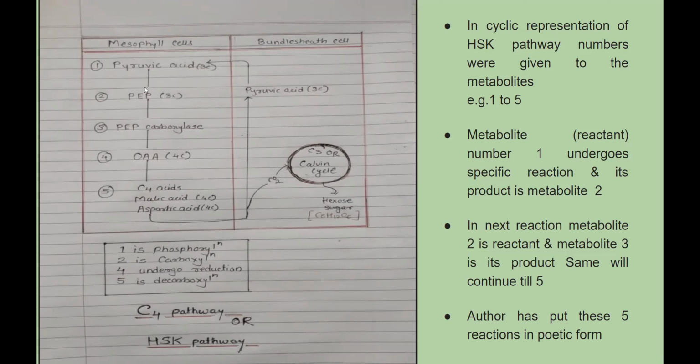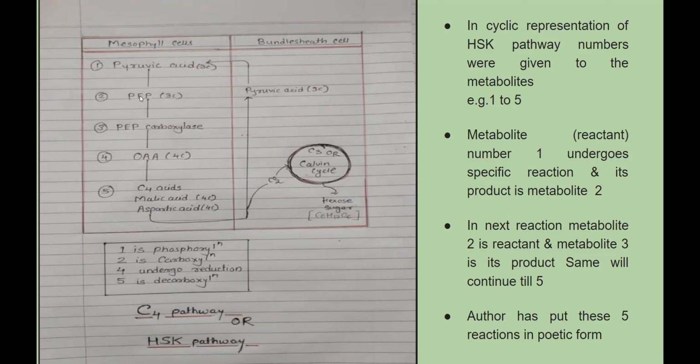So by this also, as numbers are given like 1, 2, 3, 4, 1 will be the reactant, 2 will be the product. When 2 becomes reactant, 3 will be product, and so on. So reaction number 1 is phosphorylation. Pyruvic acid will undergo phosphorylation, that is addition of a phosphate group by using ATP molecules. ATP will get converted to ADP, and the phosphate group will be added, giving PEP, that is phosphoenolpyruvic acid.